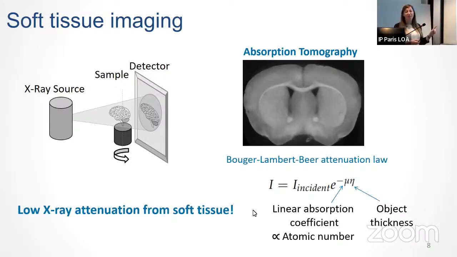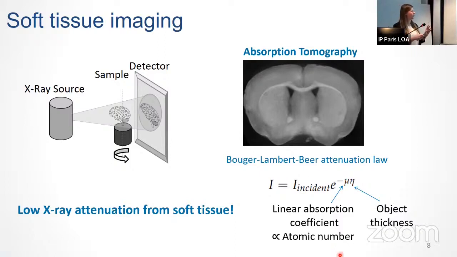In this kind of image, the contrast is given by the attenuation of the tissue and is proportional to the Beer-Lambert law, where the intensity recorded is proportional to the linear absorption coefficient of the tissue and to the object thickness.